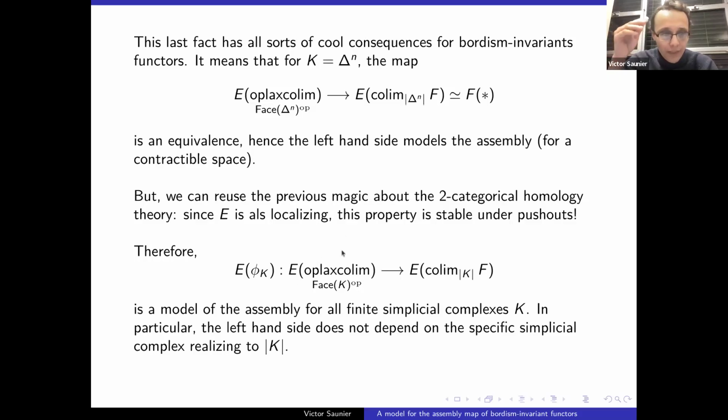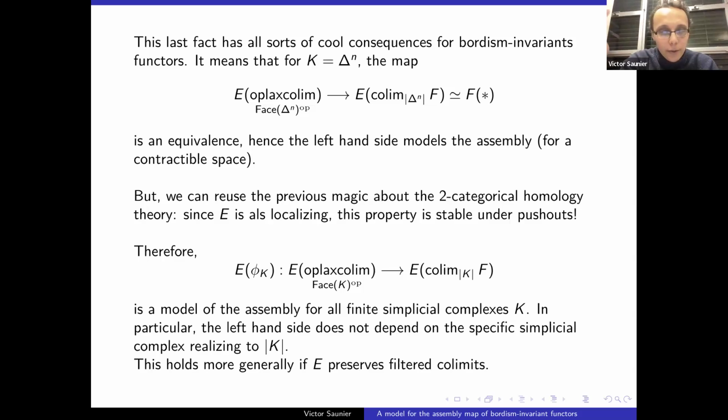It's also some sort of two-categorical homology theory. One nice property of this is that, because the left-hand side of the assembly never really depends on anything else than the space k, even though here it looks like I had to choose a finite simplicial complex k that realizes to k, actually the value under any localizing invariant doesn't depend.